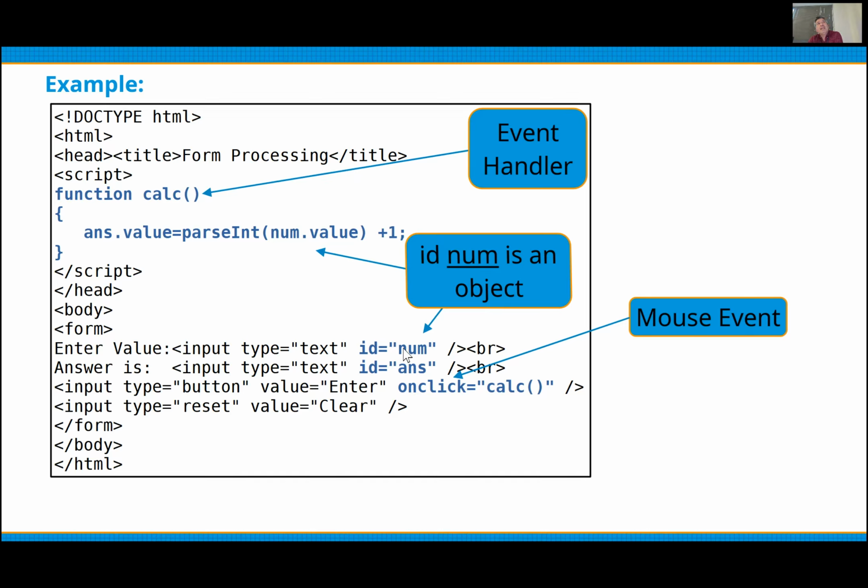So if the ID is num, for example, you can use num.type. What would be the value? Text. Num.id. What would be the value? Num.